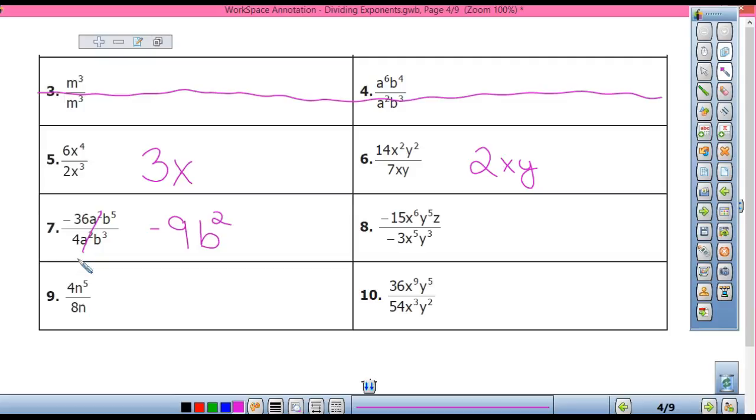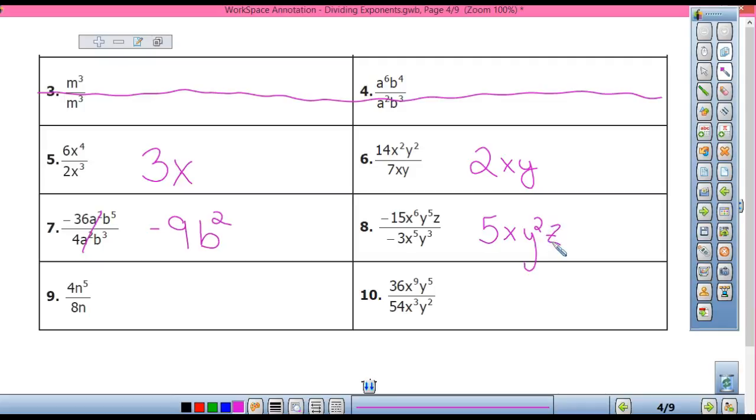Now negative 15 divided by negative 3. 5x y squared z.